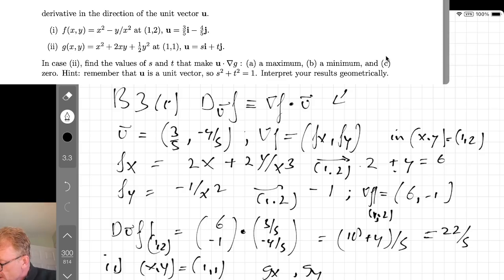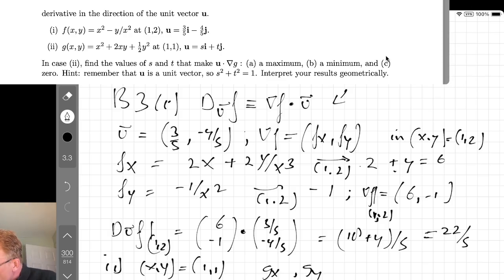So then you take the Du g, so that's grad g times u, evaluated in 1, 1. So 1, 1, but the vector u is in s and t, because you have to calculate the s and t for which it is a maximum, a minimum, or 0.